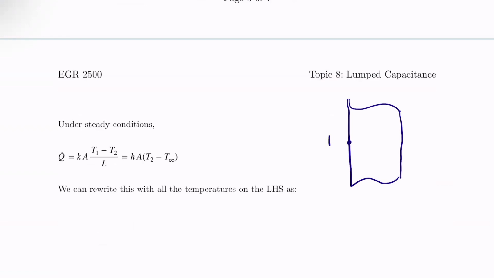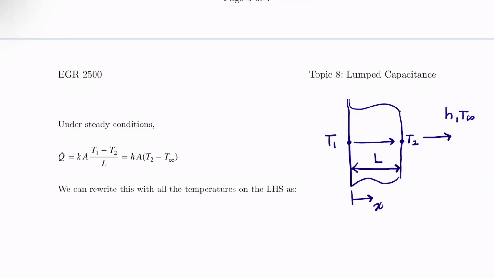On this side, we have our constant maintained temperature T1. And then over here, we have T2 on the other side of our wall. And we have exposed on this right-hand side of the wall is some ambient fluid with a convective heat transfer coefficient h and an ambient temperature T infinity. We're going to call this the x direction. And then we have a width L.